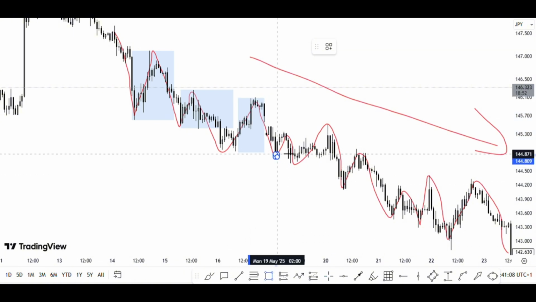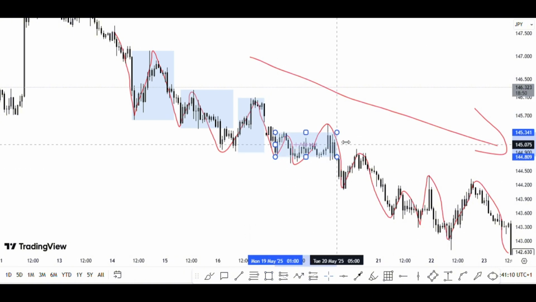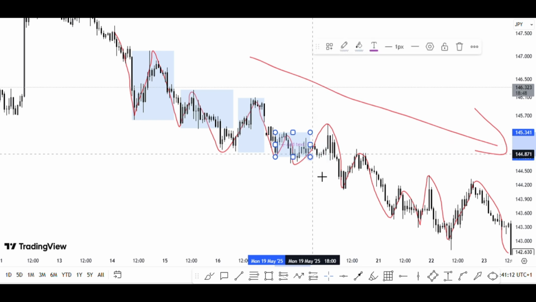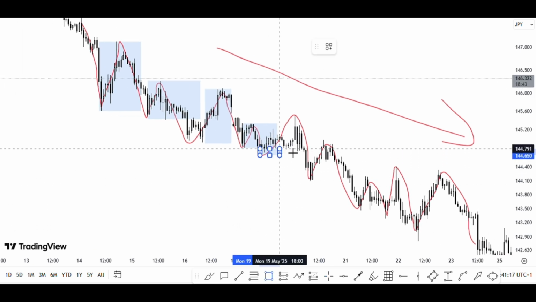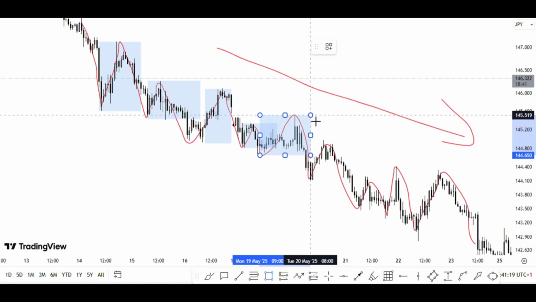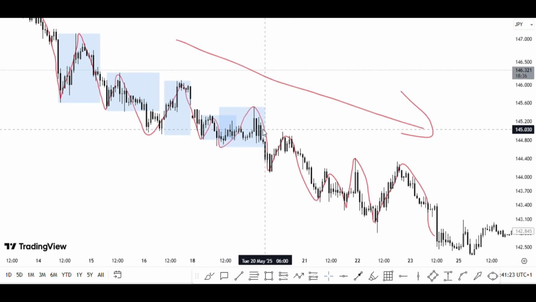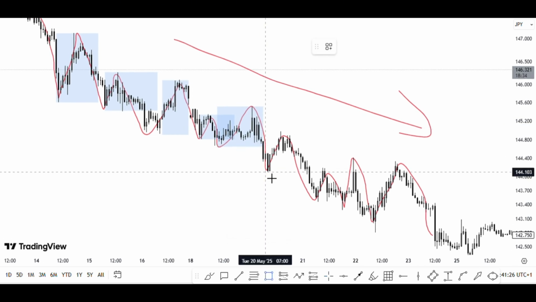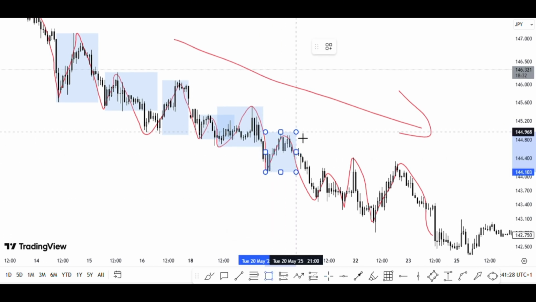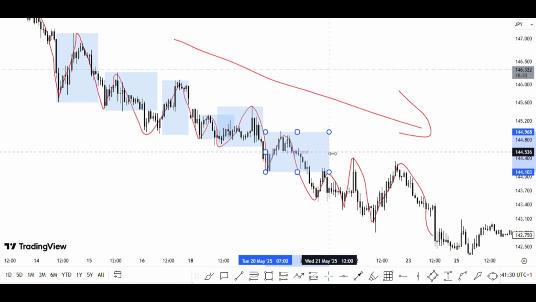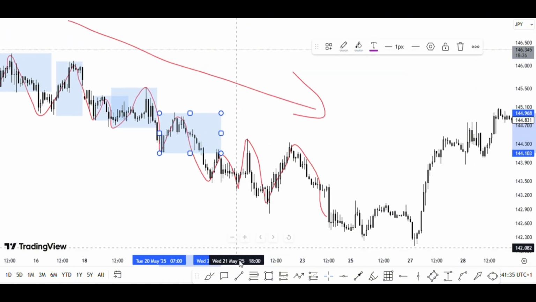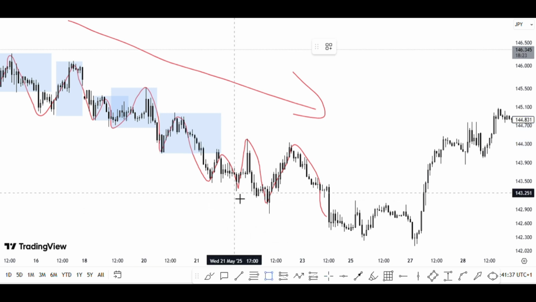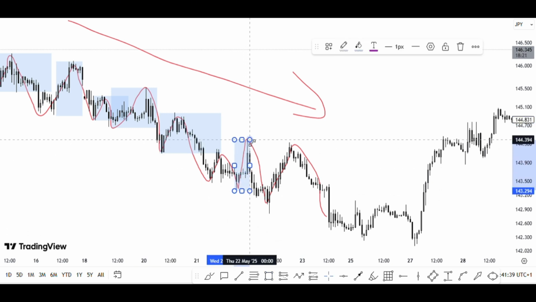This is another buying momentum. You can see how the market stopped there and mitigated it. All these pullbacks are buying momentum. You can see how the market respected it and pushed down. This is another one, until the whole process changes.